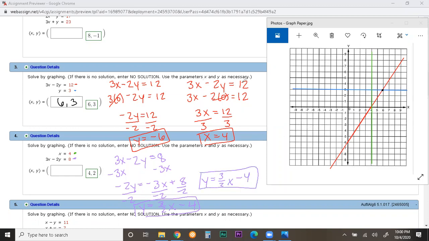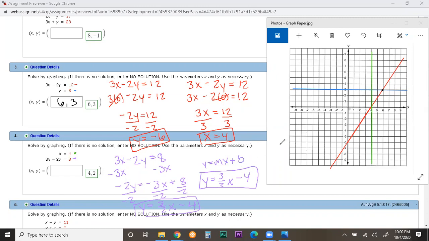So in red, remember we graphed using the x and y intercept. Now in purple, we're graphing using the slope and the y-intercept. So when we look at this, we have to first identify what our slope is, which our slope is m, and our y-intercept is b.